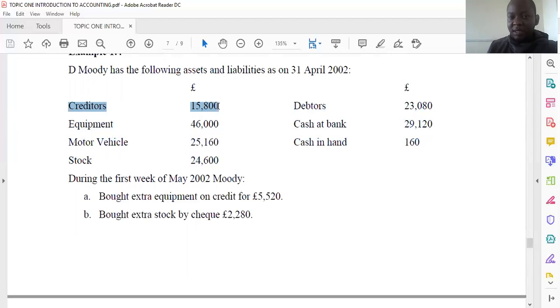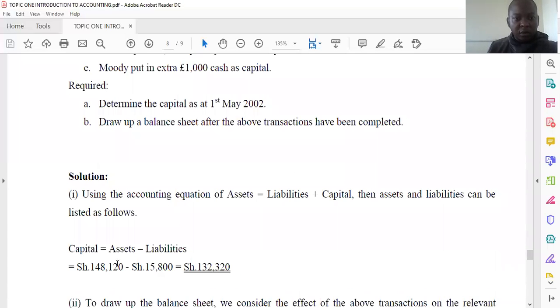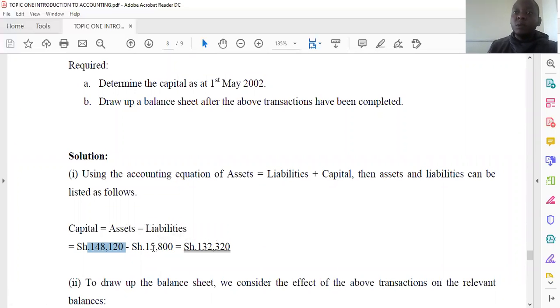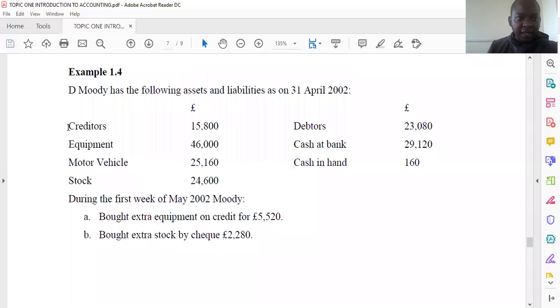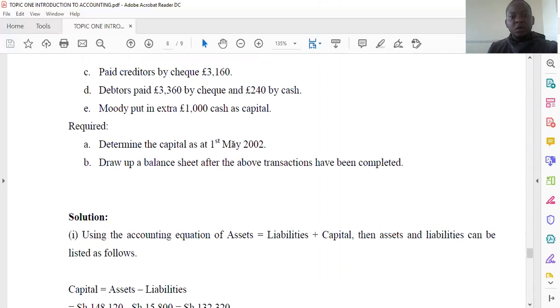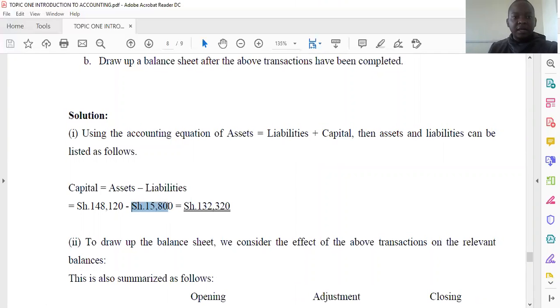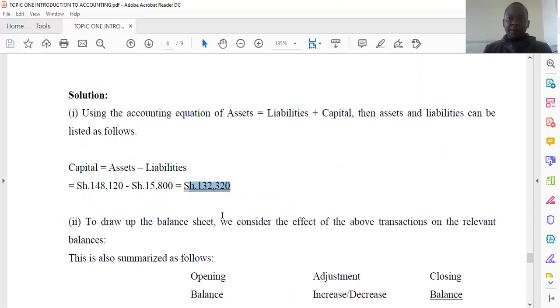The sum of these six items is equal to 148,120. Less the liabilities, creditors of 15,800, what you get is 132,320. And 132,320 in this case is now the capital of the business.